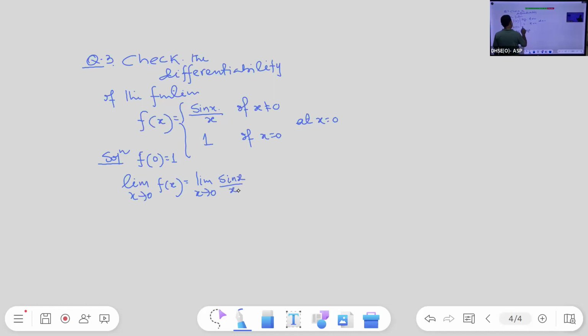Limit x tending to 0 of sin x upon x is 1. This is your standard result. So the limiting value is equal to the functional value. Hence the function is continuous.